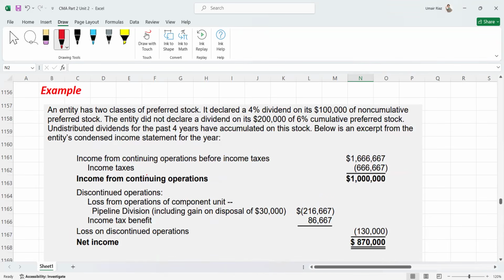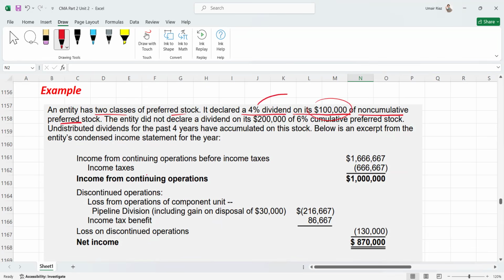So here we go. For example, they're saying an entity has two classes of preferred stock. It declared a 4% dividend on its $100,000 of non-cumulative preferred stock. So please remember, this is actually the total par value of non-cumulative preferred stock.